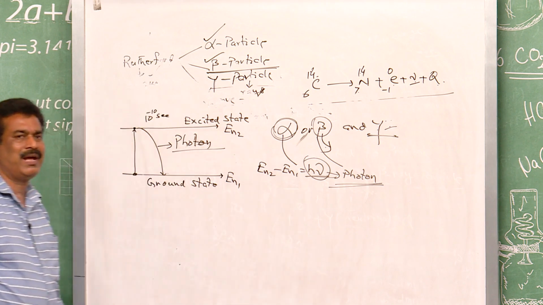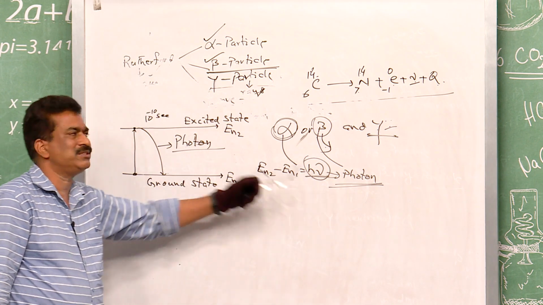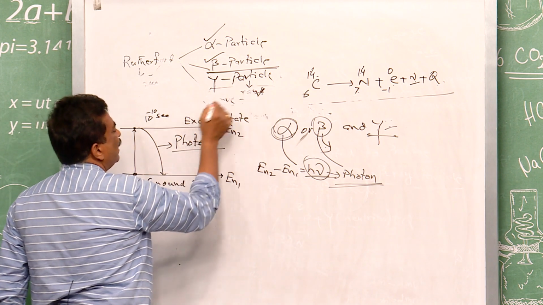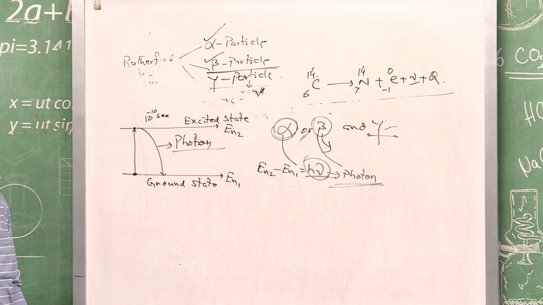From the quantum idea, it came that gamma rays are photons in shape.